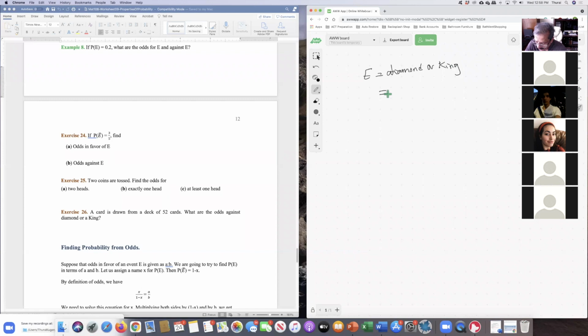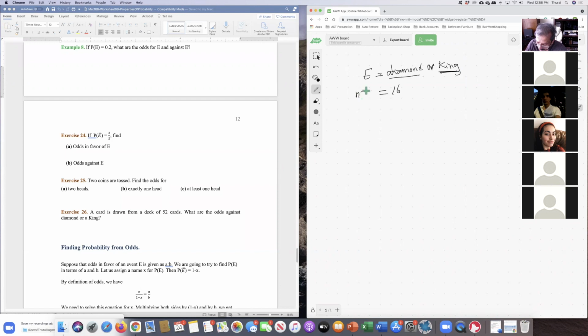We already counted that in an earlier problem. That was spade or queen, so it's similar. There are 13 diamonds, and the event of king has 4, but 1 is shared. So 13 plus 4 minus 1 is the correct count, which is 16.